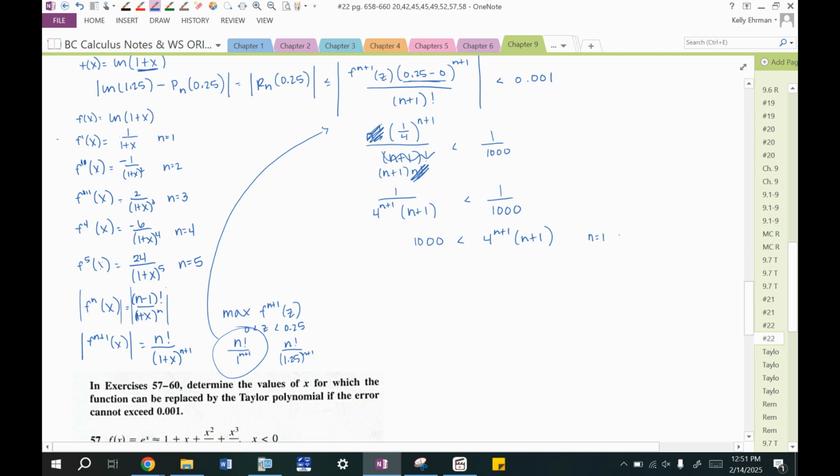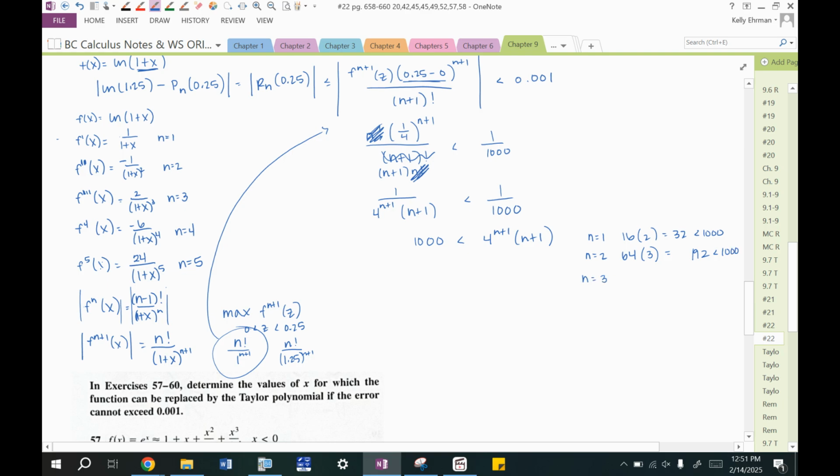If I plug in 1, I get 4 squared times 2. 32 is definitely not bigger than 1,000. Plug in 2. That becomes 4 to the third, which is 64 times 3. 64 times 3 is 192. Not bigger than 1,000. Plug in 3.